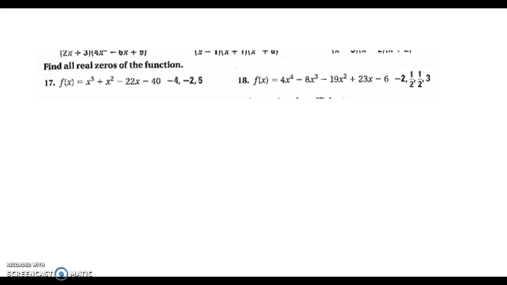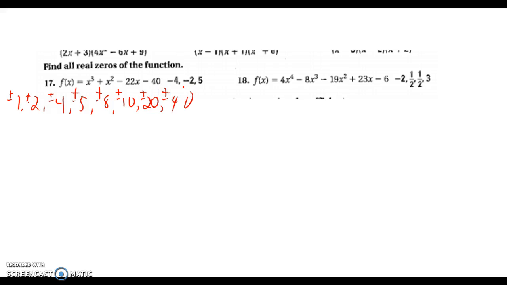Well, this is something that I should be able to look at potentially and find out the factors of the constant term, which are really plus and minus 1, plus and minus 2, plus and minus 4, plus and minus 5, plus and minus 8. 8 times 5, plus or minus 10, plus or minus 20, plus or minus 40.